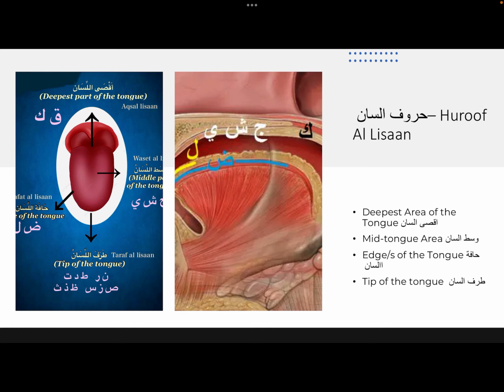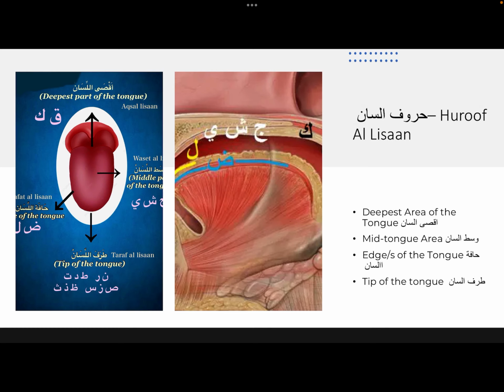When you pronounce dod, you will feel our two edges of the tongue expand and touch the upper jaws, both sides of our mouth. So that is the articulation, or the makharij, of dod.